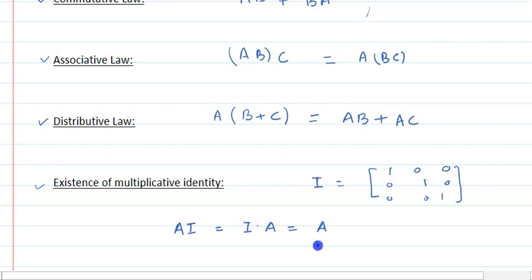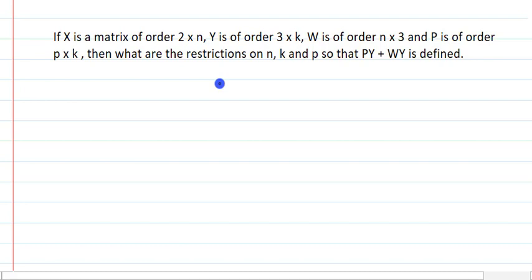You can verify these properties very easily by taking any matrices with the same conditions that I have just explained for the multiplication of matrices. Let us discuss one more problem to understand the topic very well. If X is a matrix of order 2 by n, let me write here, the order of matrix X is 2 by n.